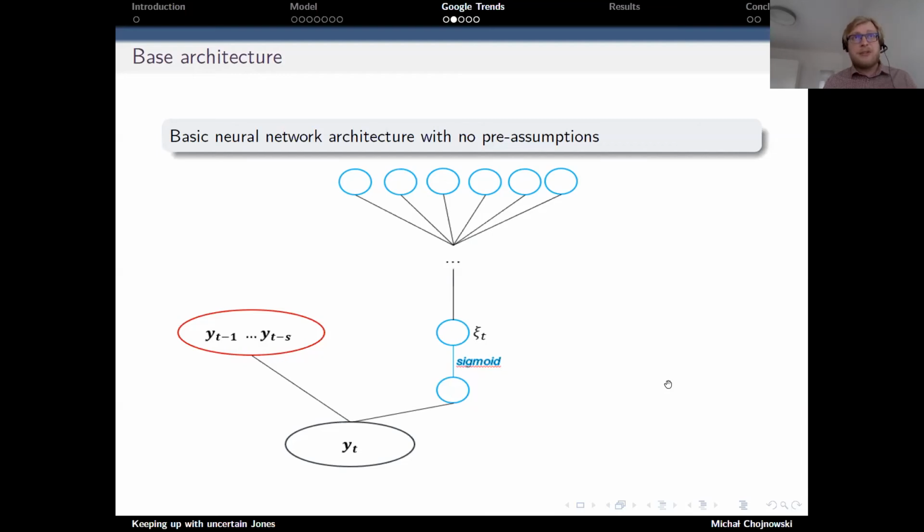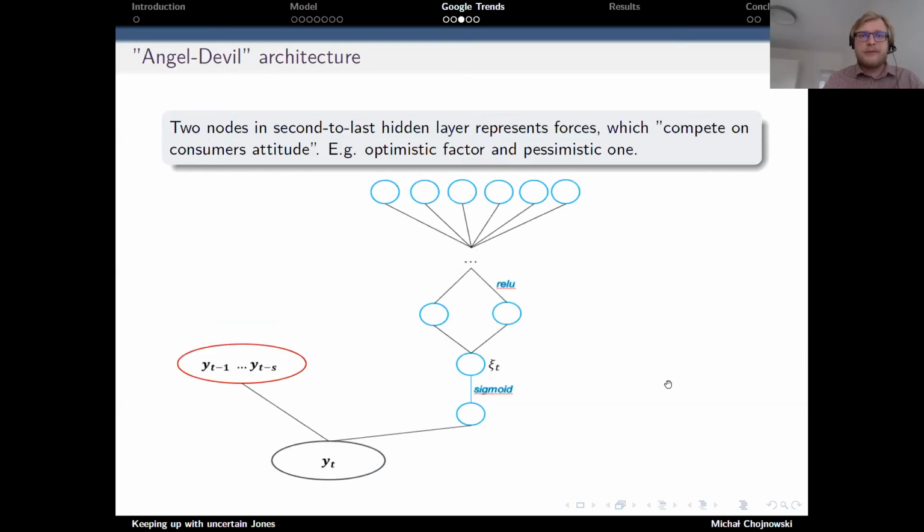So the base architecture that we have here is our base model that I have presented previously, and it is represented here by an oval. I just simplified it because there's no need to copy and paste the same thing. And on top of the market sentiment that we had before, we have created yet another market sentiment, the neural network part. However, we can also use other methods here for our purposes.